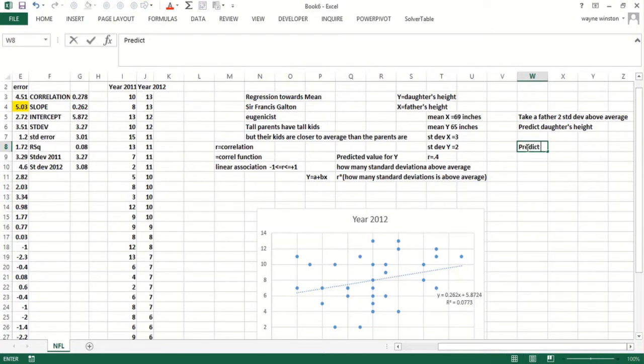We predict the daughter to be 2 times 0.4, or 0.8 standard deviations above average. So you would take the average height, which is 65, plus 0.8 times the standard deviation of the daughters, which is 2, and you'd predict 66.6 inches. But the point is, the father was 2 standard deviations above average, and we predict the daughter to be 0.8 standard deviations above average. So what does this have to do with sports?